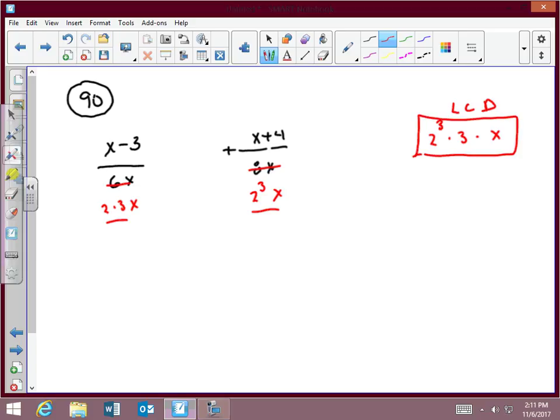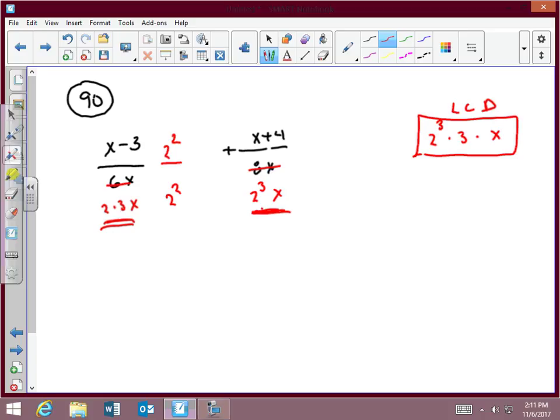Now you have to build this denominator. The 2 times 3 times x right here, what do you lack? 2 squared. See, if you had a 2 squared, then you'd have a 2 cubed, right? 3x. So that's all you needed to put in there. What do you lack here?